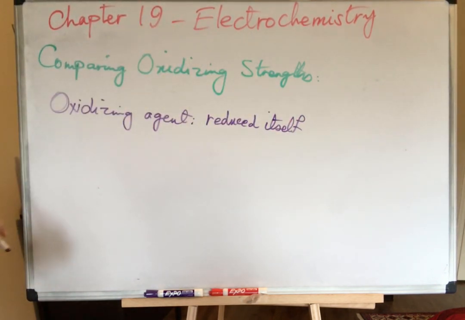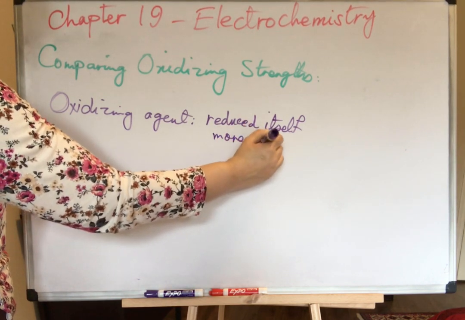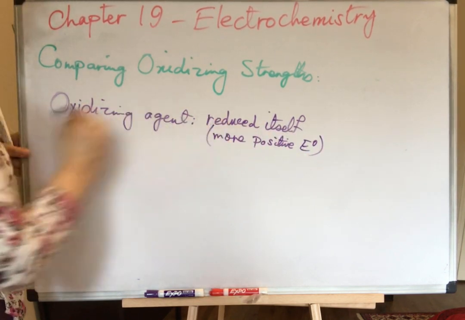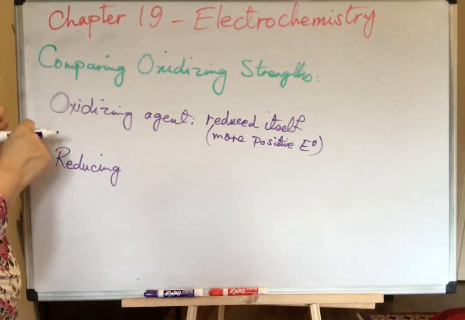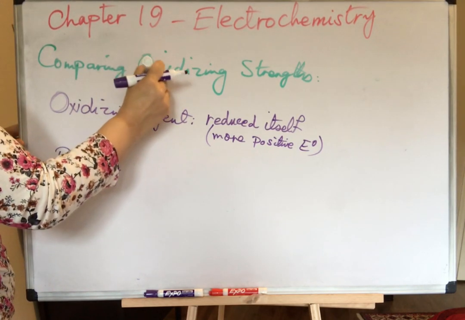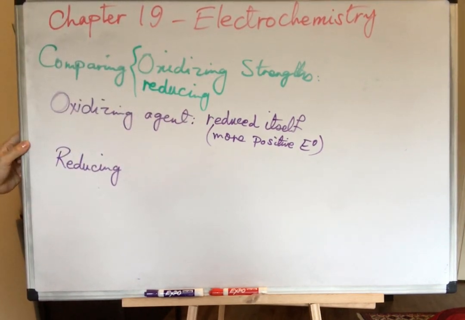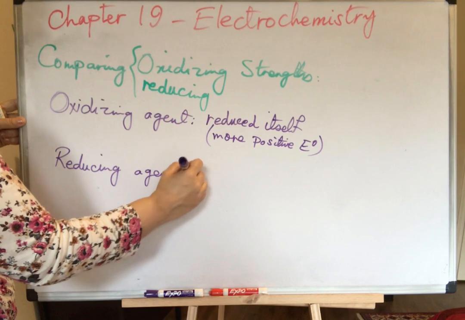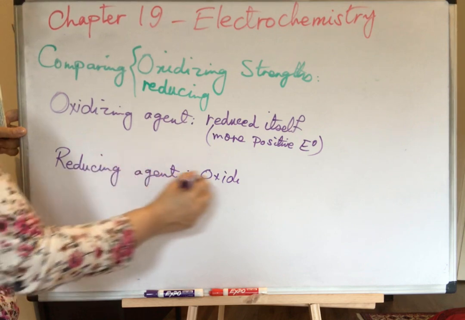So the one which is reduced, I told you, is the one with the more positive E standard, more positive electric potential. At the same time, if you are comparing the oxidizing or reducing strengths, let's do it at the same time, the reducing agent will be oxidized itself because it has to force the reduction on the other one.